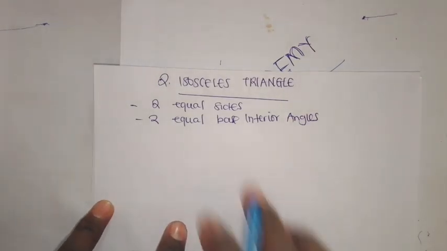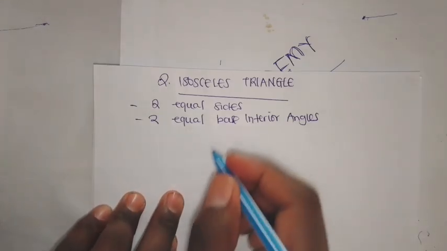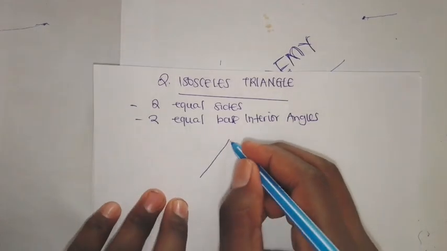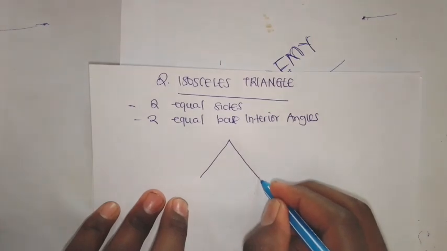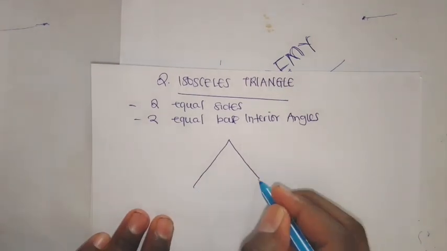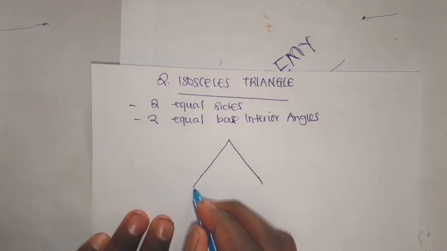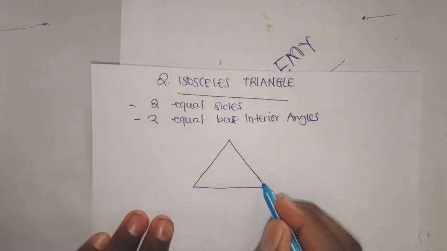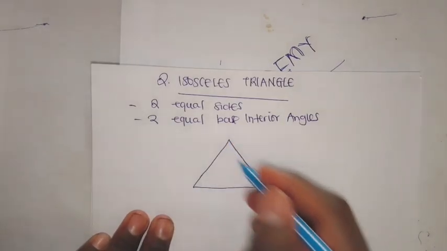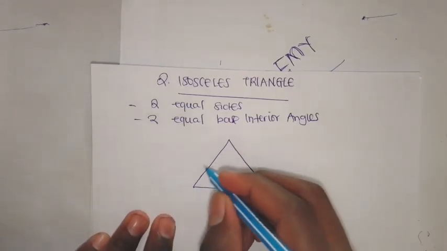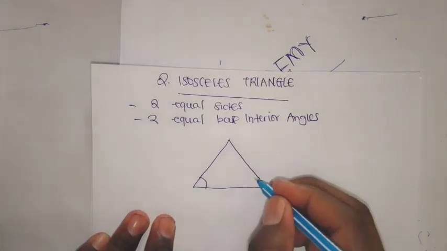So two equal sides, meaning these sides are equal except this base. If these are equal, meaning even the two base interior angles are also equal.